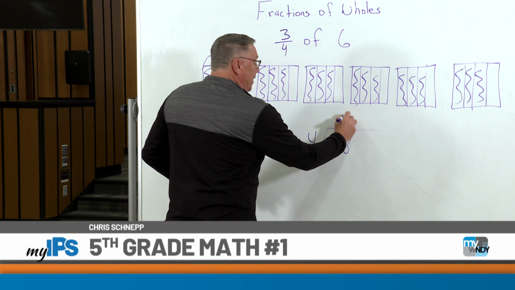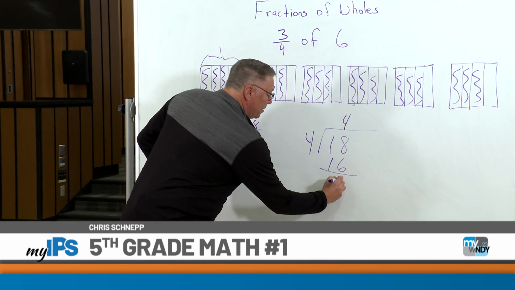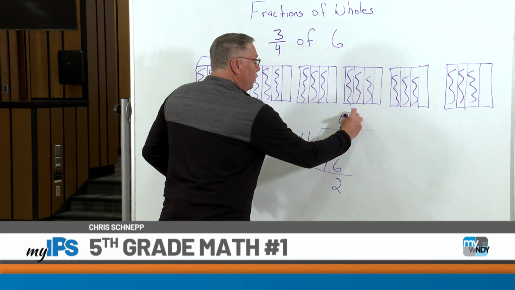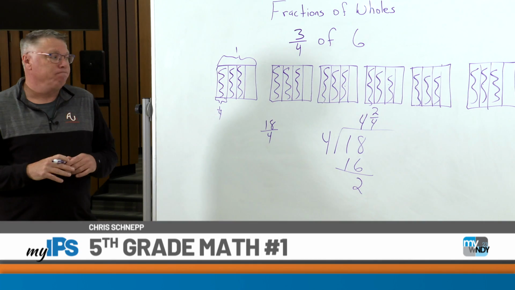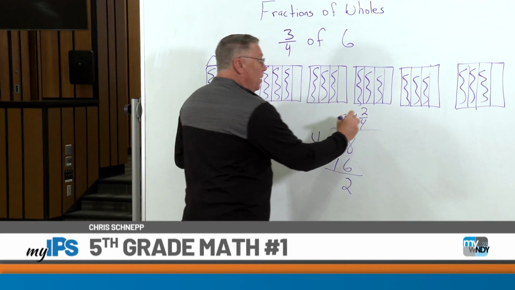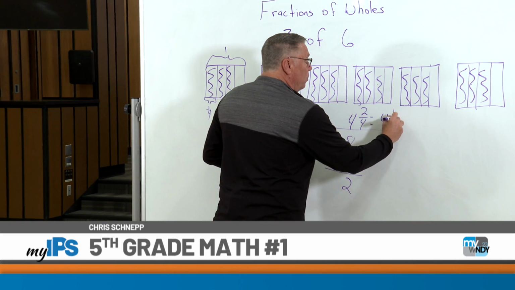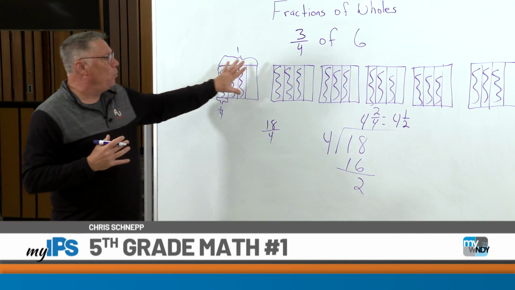So 4 goes into 18 4 times. 4 times 4 is 16 with 2 left over. And that gives us 4 2/4, and we could actually simplify that to 4 1/2. Okay, so that's a visual model of 3/4 of 6.